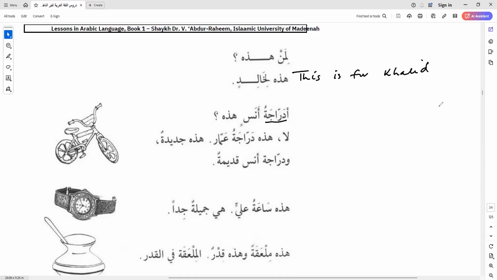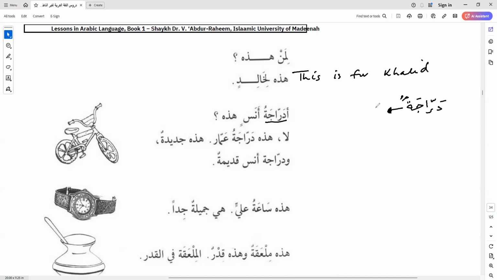دراجة. A bicycle. Is it masculine or feminine? It's a feminine thing. Why? Because of the Tau Marbuta.